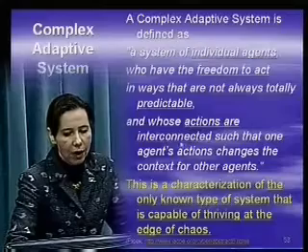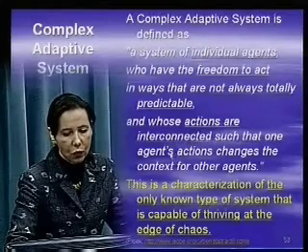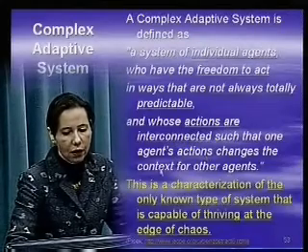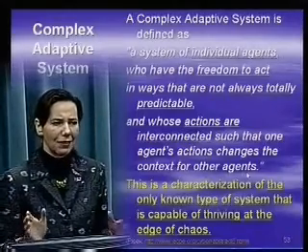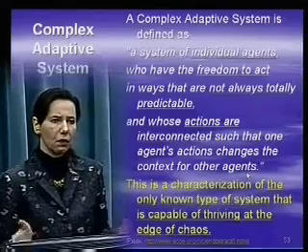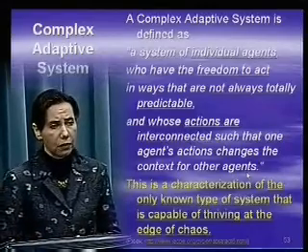And those actions are interconnected such that one agent's actions change the context of other agents. I love this definition because it explains exactly what we can do in leading at the age of chaos.